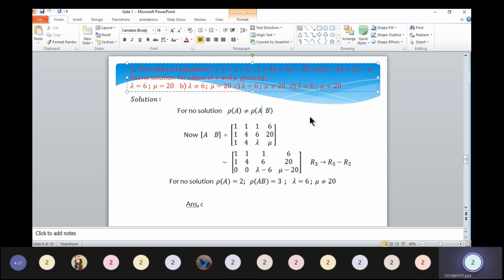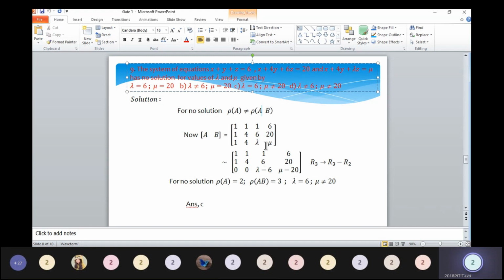Okay, so from this I am going to find the augmented matrix. First row 1, 1, 1, 6. Second row 1, 4, 6, 20. Third row 1, 4, lambda, mu.